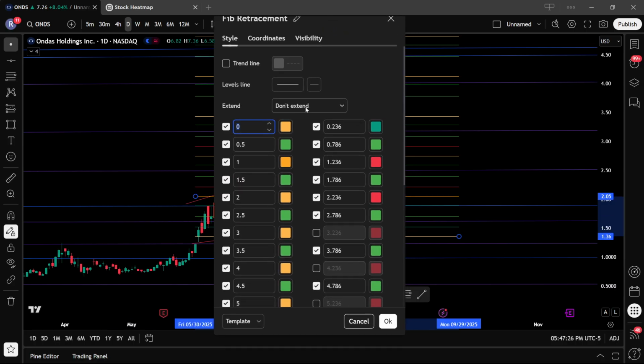Of course fibs have a ton of different retracement levels that you can track. I just played with a bunch of them to see how the price action volatility reacted to different levels. I used to like the golden pocket, which was between 0.618, the 50% and the 78% retracements.